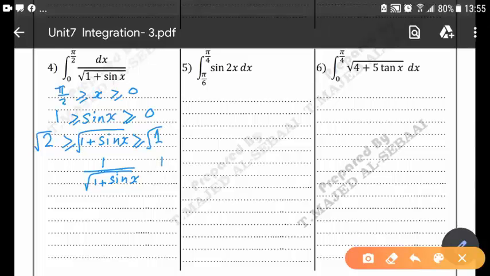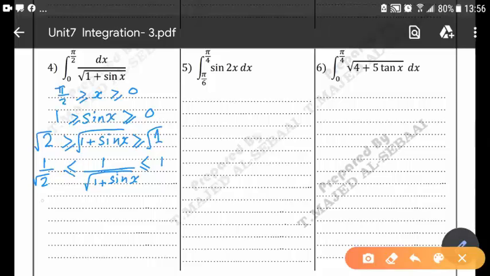And here it's going to be 1 over 1, which is 1. And here it's going to be 1 over root 2. And because I flip, I need to reverse the sign of the inequality.